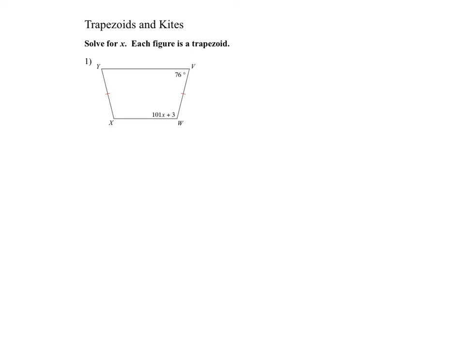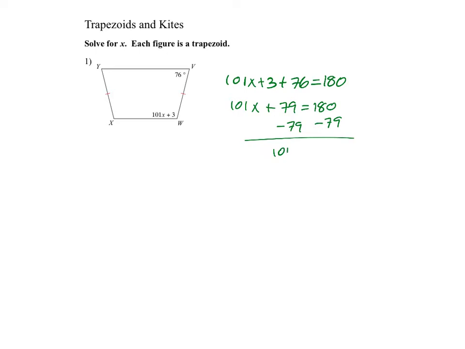So 101x plus 3 plus 76 equals 180. So 101x plus 79 equals 180, minus 79 on both sides. So 101x equals 101. I'm dividing by 101, so x equals 1.